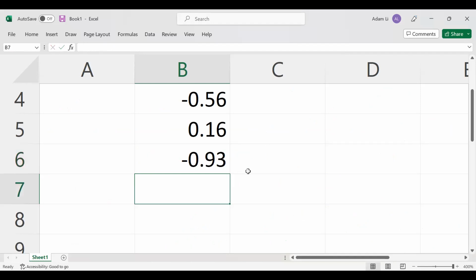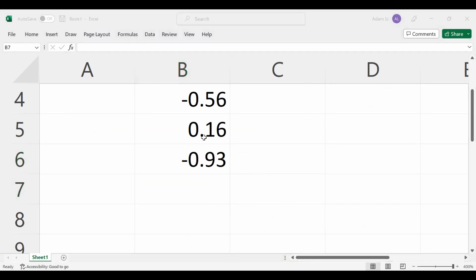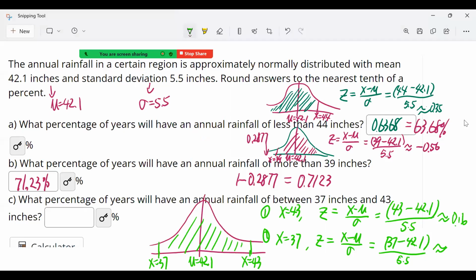Let's see what that is. Negative 0.93. And again, we're looking at the bigger z-score and the smaller one.